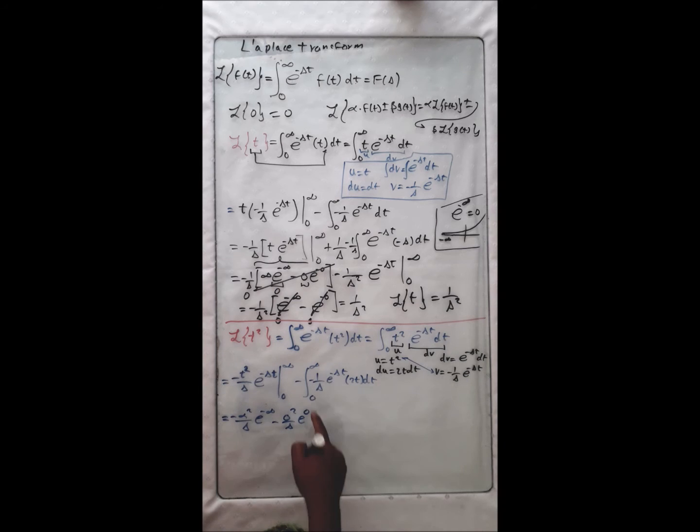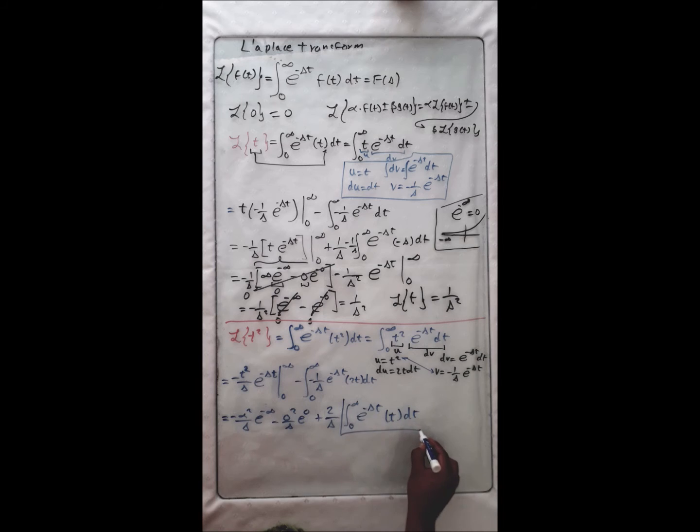Okay, and then minus times minus is positive 1 over s, and the 2 also goes outside, so 2 over s, integral from 0 to infinity of e to the minus st, t dt.